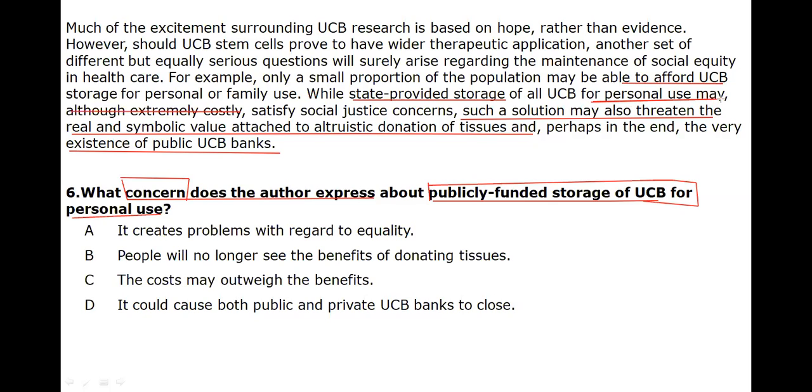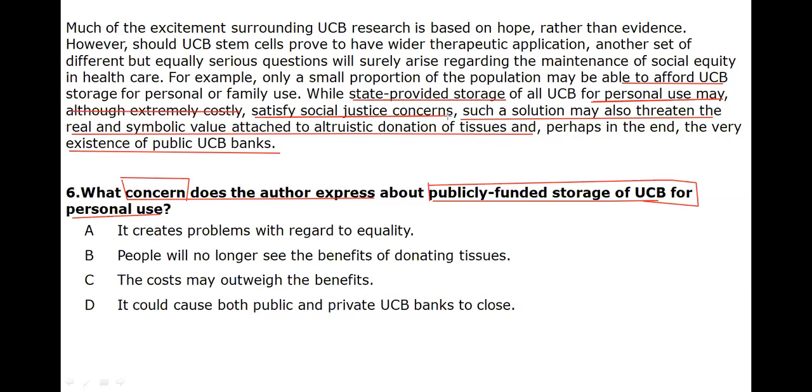The banks will be public, there will be no private banks, so there will be no charge for storing it, but then there will be a charge for purchasing it. It will satisfy the social justice concerns because you can decide whom you charge and whom you don't charge. Okay? So you charge probably only those people who can afford it, and you don't charge those people who can't afford it, for example. So it will satisfy the social justice concerns.